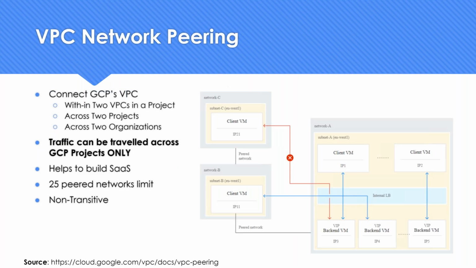This is between two GCP networks, and these two networks can be within the same project, in two different projects, or in two different projects in two different organizations. As long as they are GCP customers, I can peer them. This is a really handy option, and it is normal stuff which you get in other clouds also. They may just call it peering.